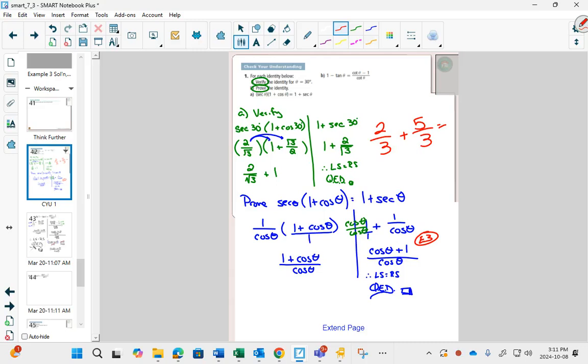You weren't adding fractions in grade 6 with cos theta on the bottom. This is weird for your brain, it's not used to it. So your brain likes to sometimes make up new rules because you're dealing with weird stuff, which causes problems. So if you're wondering, should the bottom change? Well, think about regular fractions. No, here you would just get 7/3, right?